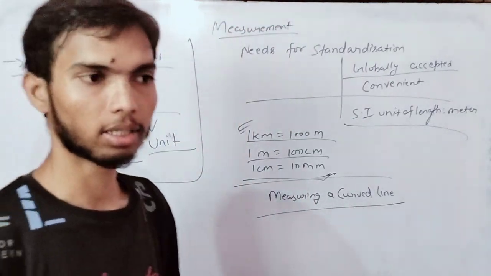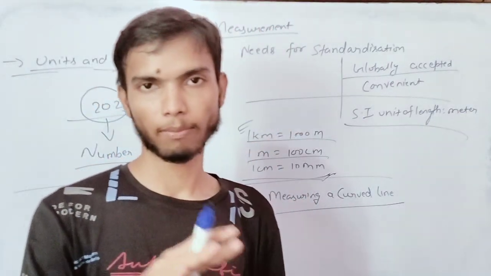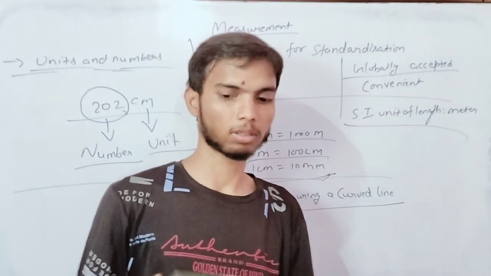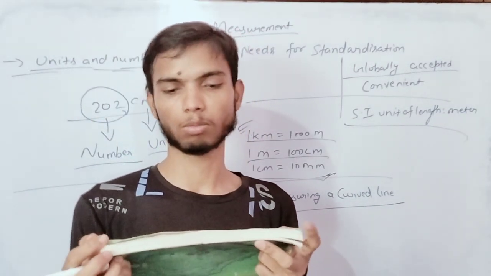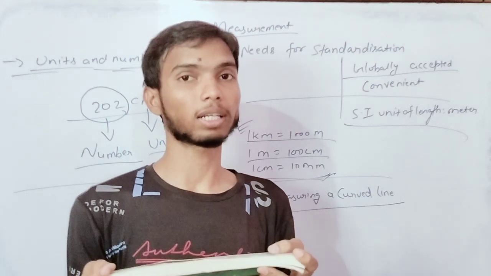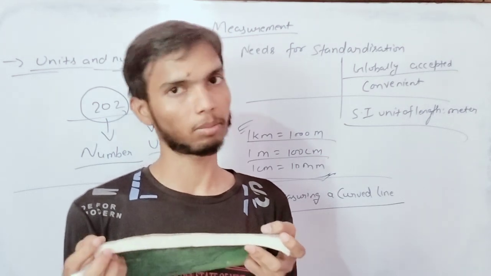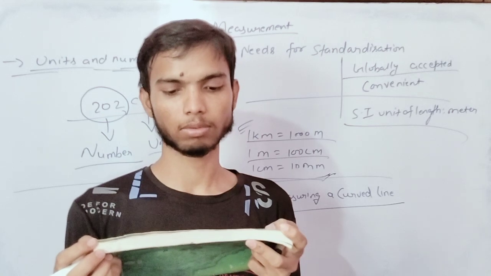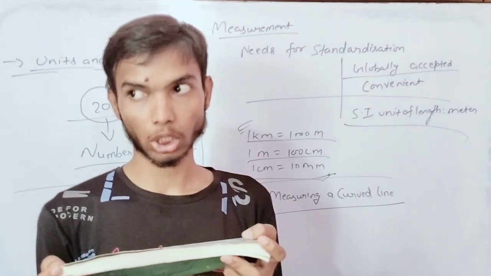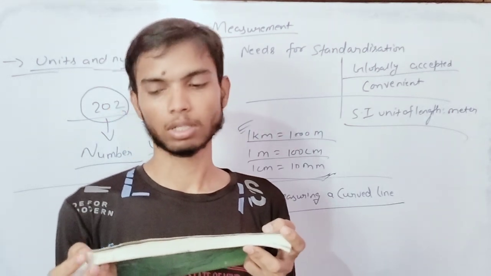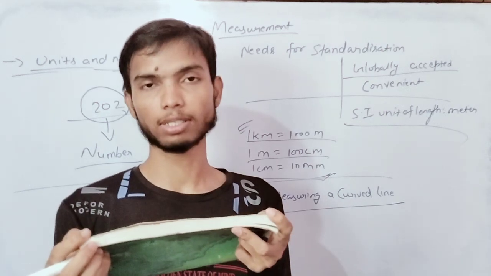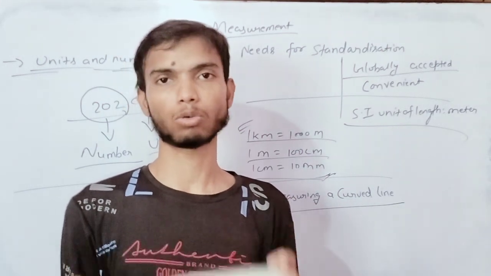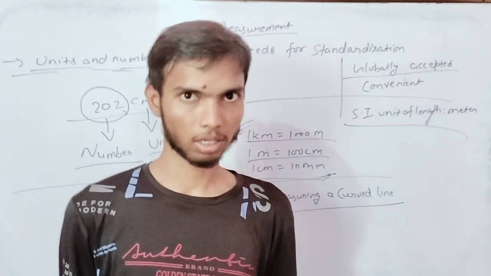There are units also. The unit of length is the meter. When you measure something straight, from here to here, you will give it in meters. Let's say from here to here it is 6 centimeters, then you would say 6 centimeters.